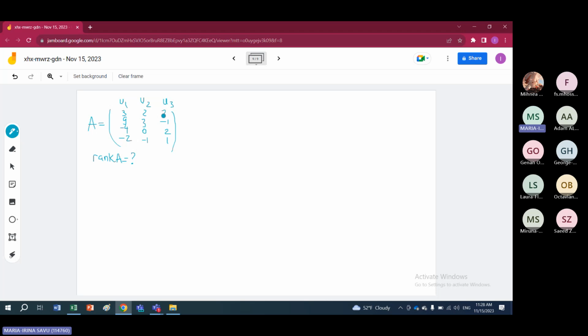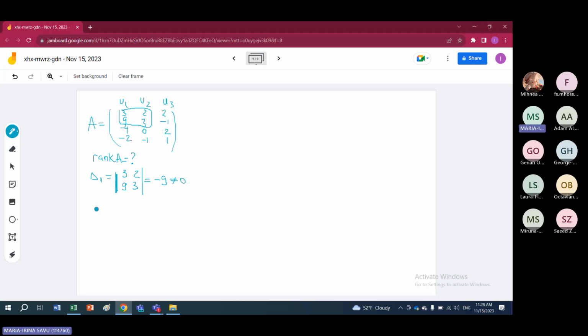I'm forced to find minors which are not 0. Let's start with this one, for example, delta 1, which is 3 times 3 minus 2 times 4, which is not 0. So the rank of A is at least 2.